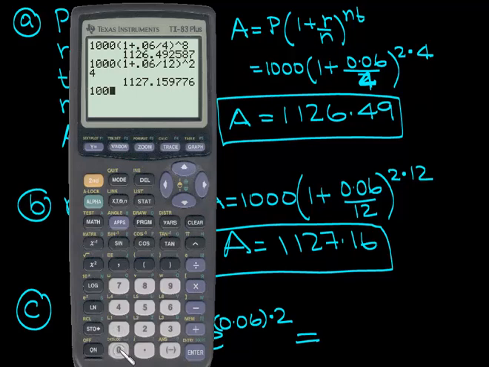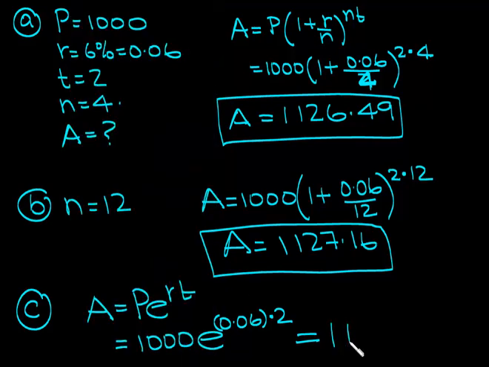We get 1,000 times the e key raised to parentheses 0.06 times 2. I keep forgetting multiplication, times 2. And we end up with $1,127.50.